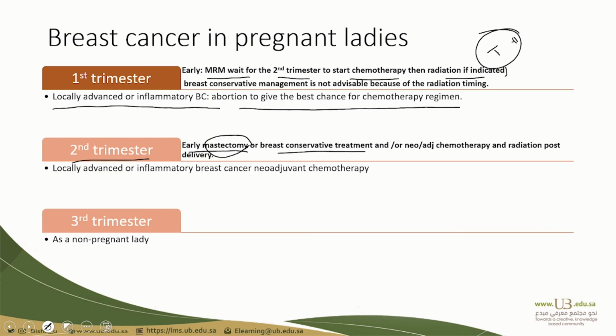Then they can take radiation and complete their treatment. For patients who have locally advanced or inflammatory breast cancer in the second trimester, you can start them on neoadjuvant chemotherapy. For third trimester pregnant ladies, you can treat them like non-pregnant ladies.